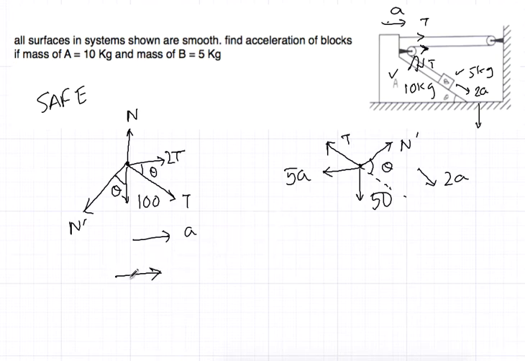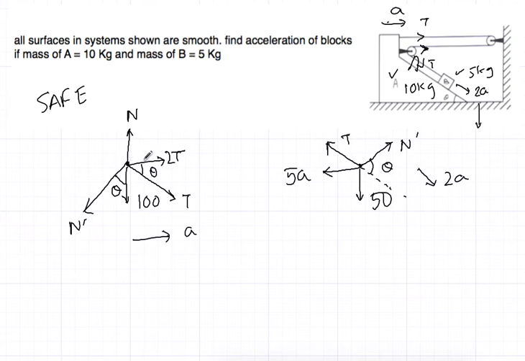This body is moving in this direction, so we'll take one axis in the direction of a, and here we'll take the axis in the direction of 2a. Then the frame: we are going to work in an inertial frame for this body and a non-inertial frame for this B, and we are going to write the equations right now.